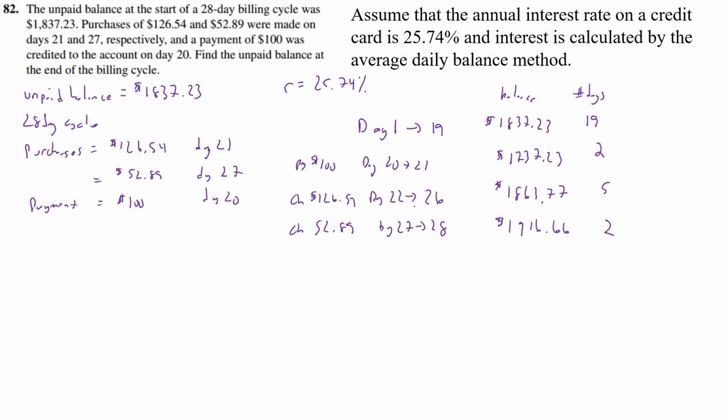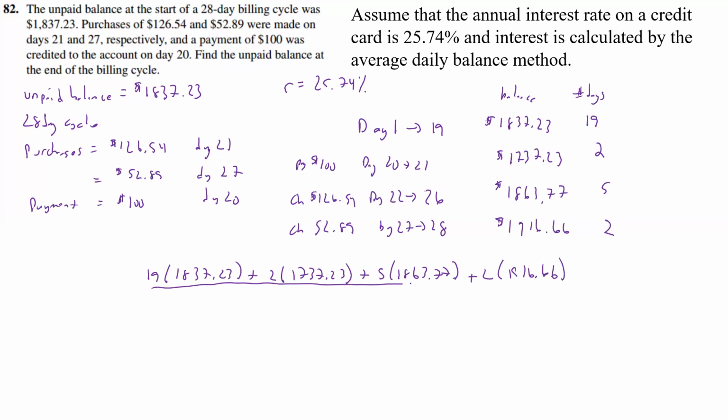All right. So I think that's the value we need. The average balance is going to be 19 times our balance of $1,837.23, plus 2 times $1,737.23, plus 5 times $1,863.77, plus 2 times $1,916.66, and then we have all that divided by 28.